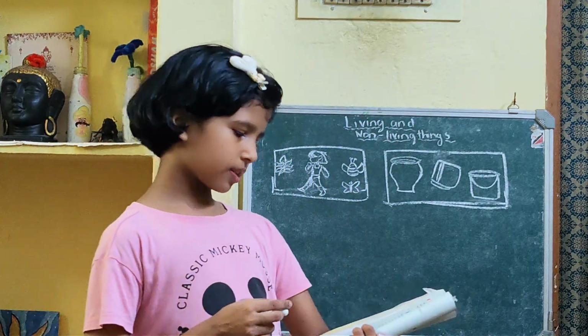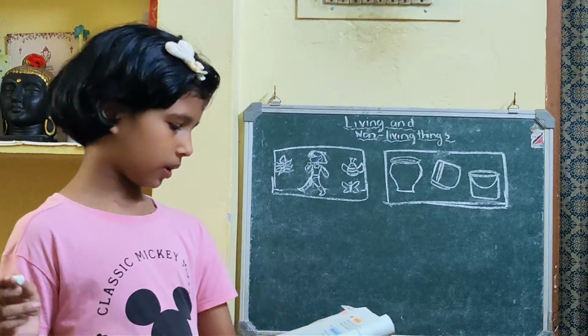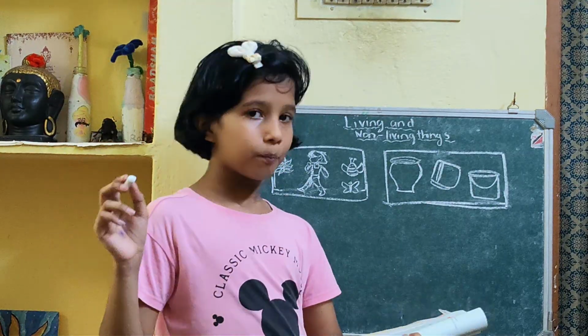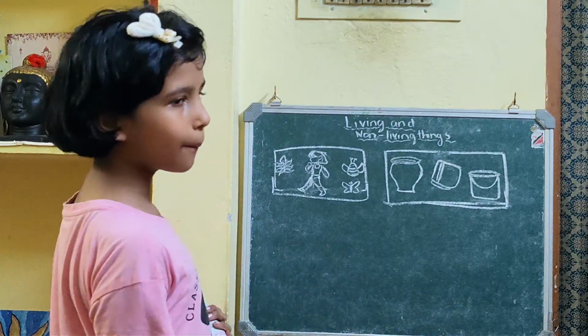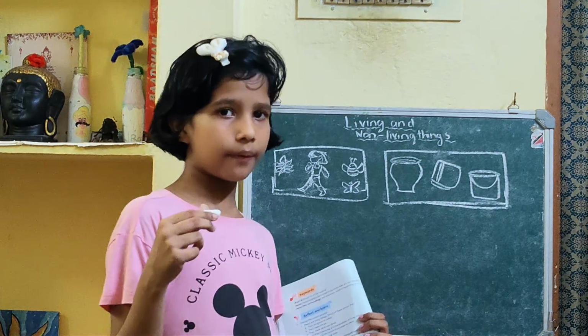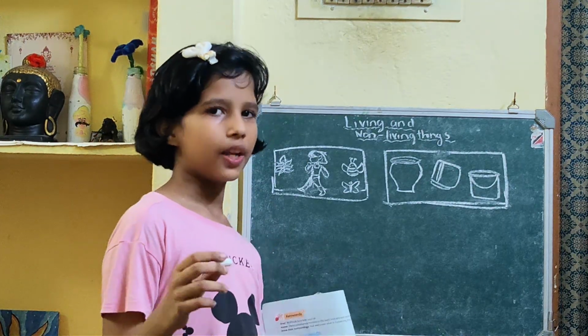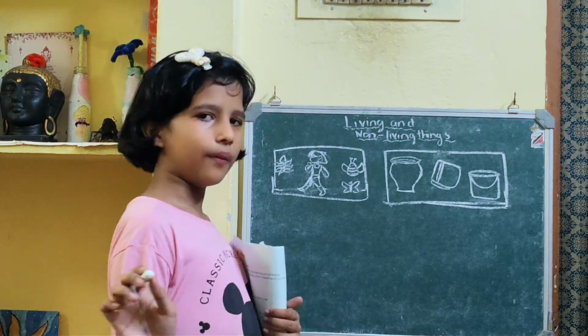Now we are going to see number 2, where we have to pick out the living things and non-living things. I'm giving some words over here, and we will pick out which of these are living things and which are non-living things.